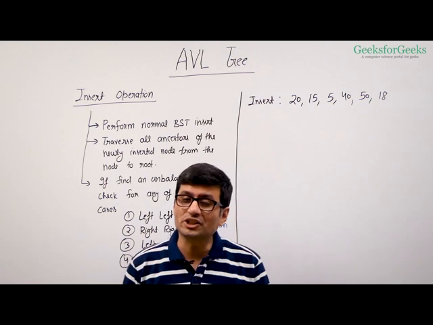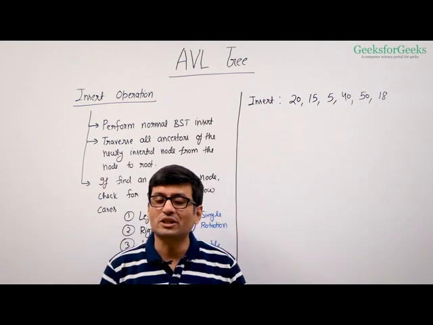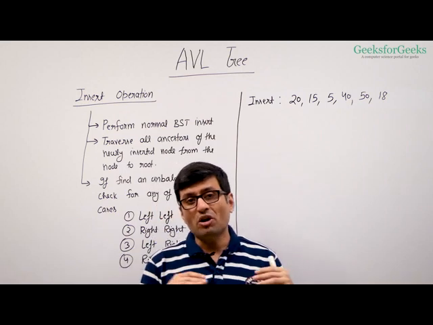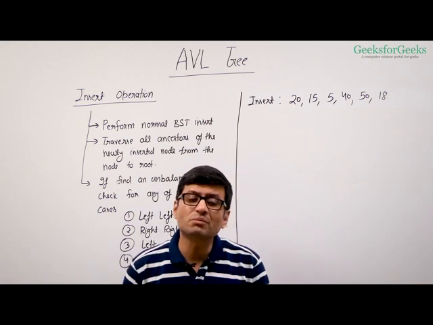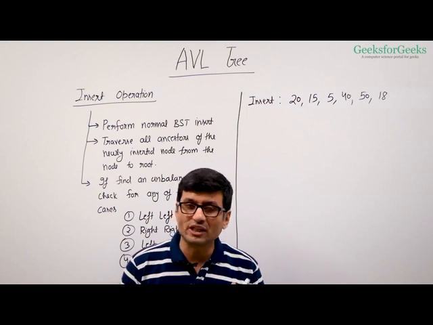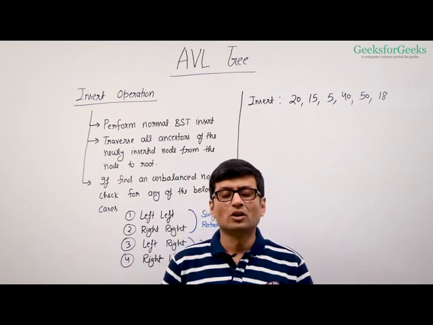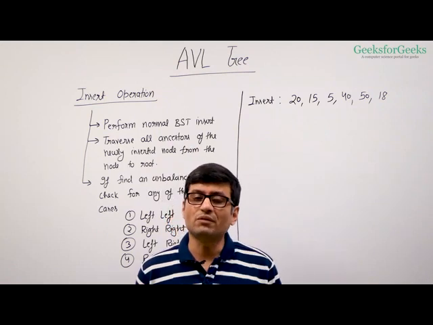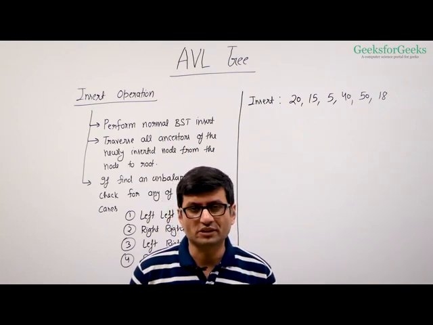Whenever you do an insertion, it does some restructuring to ensure that the height balance property is ensured. And we talked about rotations in the previous video when we introduced self-balancing BST. So AVL tree does rotations to restructure itself in insert and delete operations.